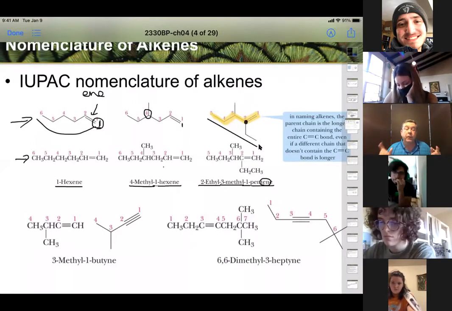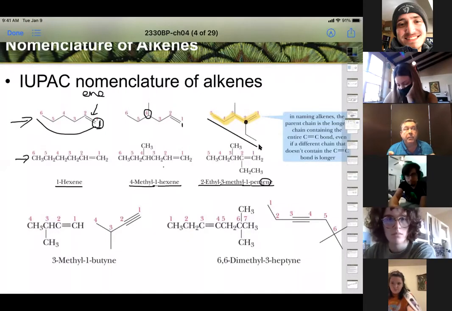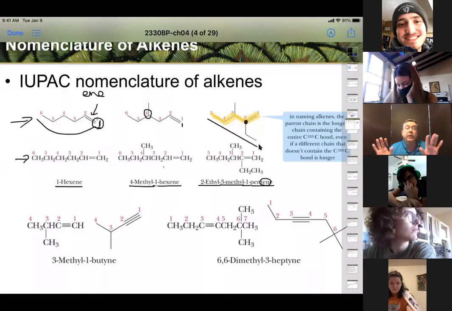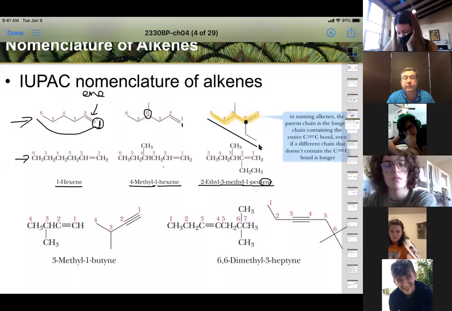Okay, the first thing you do is you highlight both of the carbons in the double bond, and then you find the longest chain from that, because both of those carbons have to be in your main chain. So even if you're going to have to renumber it something else, always start with the 2 carbons in the main chain and then find the longest branch from there. Okay?